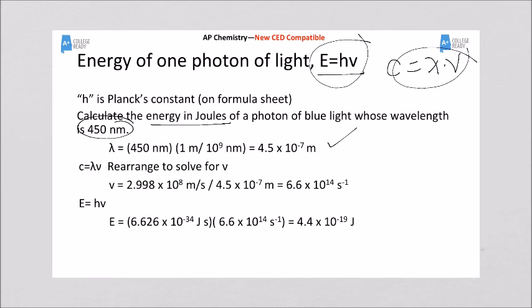I rearranged the speed of light formula to solve for frequency, because frequency is the connection to energy. Divided, I have my frequency, and then I multiplied by Planck's constant, 6.626 times 10 to the -34th power, joules times seconds. Notice my seconds cancel, and I'm left with my unit of joules with my correct numerical answer.